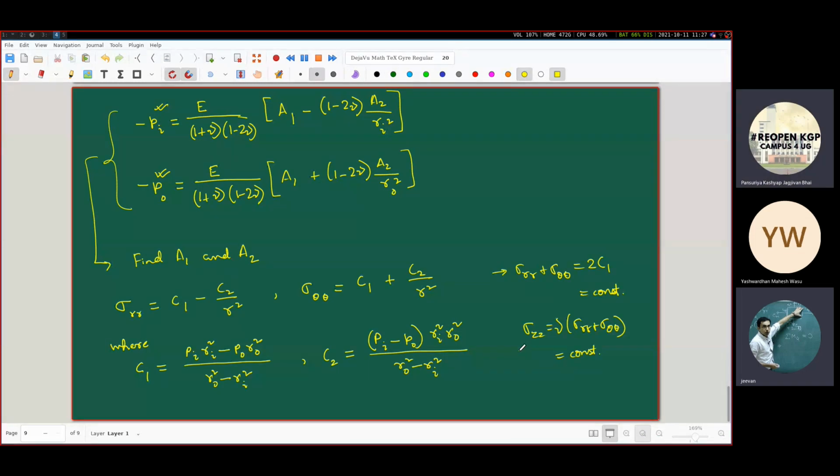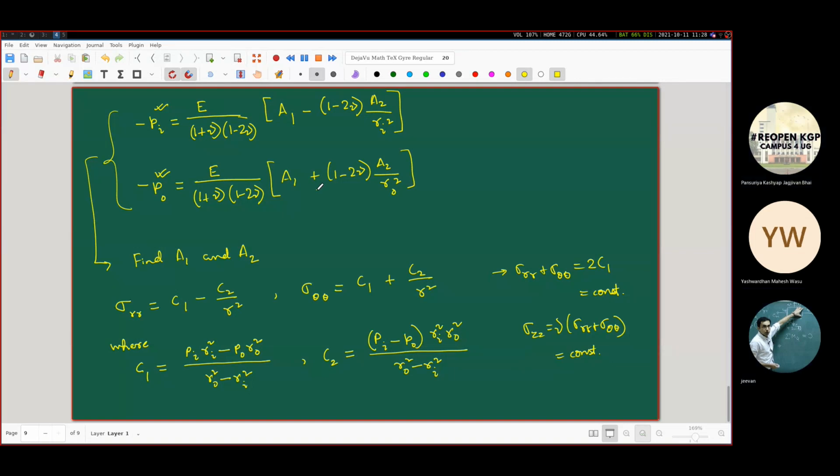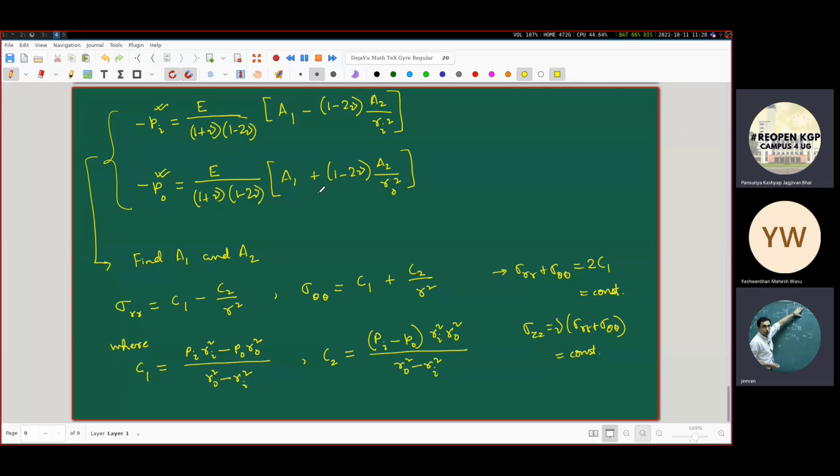Excuse me, sir. Yes. Sir, in the second equation, is it not A1 minus (1 minus 2 mu) into A2 by R? Which one? Sir, in minus P naught equals E by this one? Yes, sir. Maybe I've made some algebra mistake there. I'm referring to my copy. I have written this as plus.